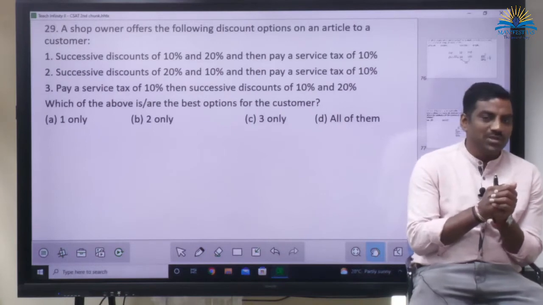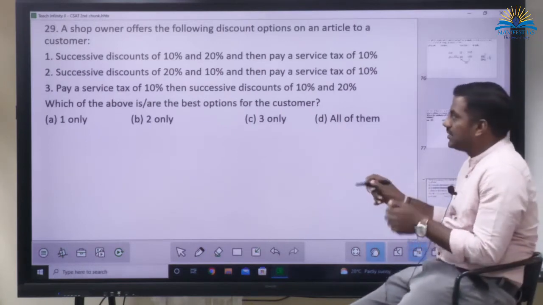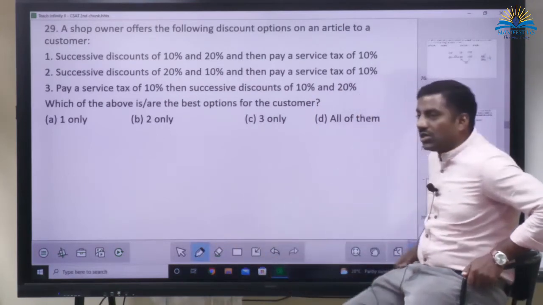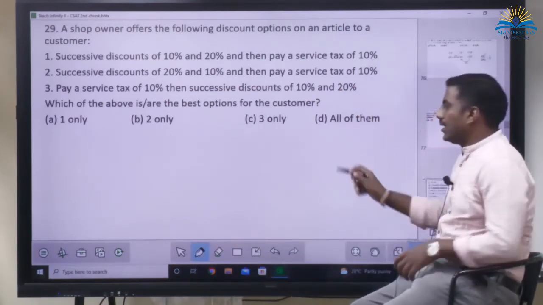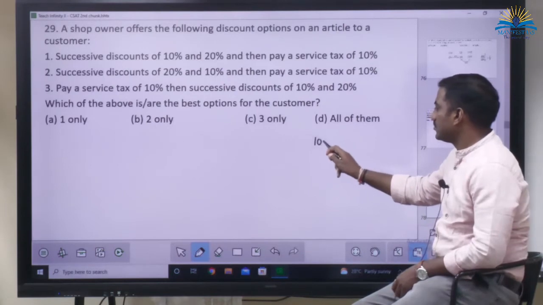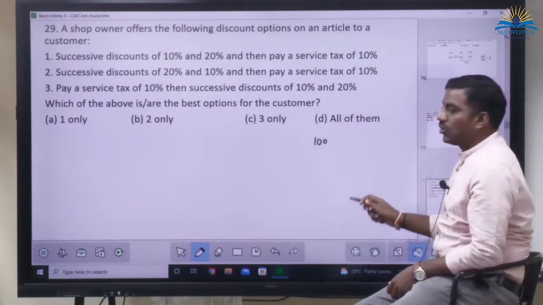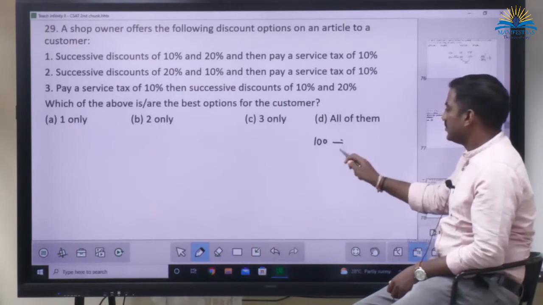For that you have to assume something. No? In the first case, let's say 100 rupees is the cost of the article. Then a discount of 10%. How much?